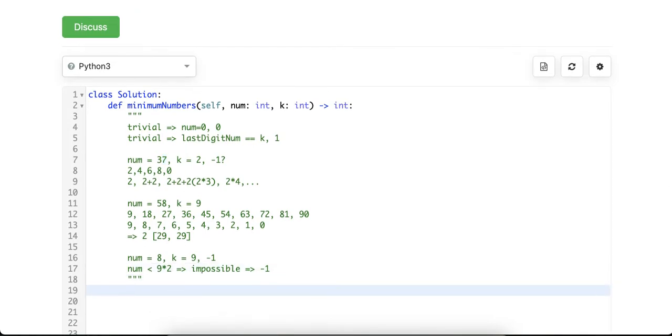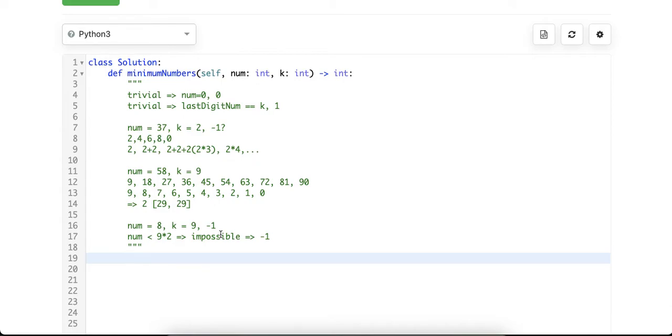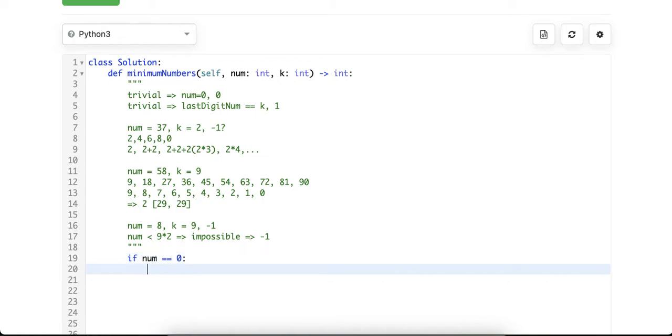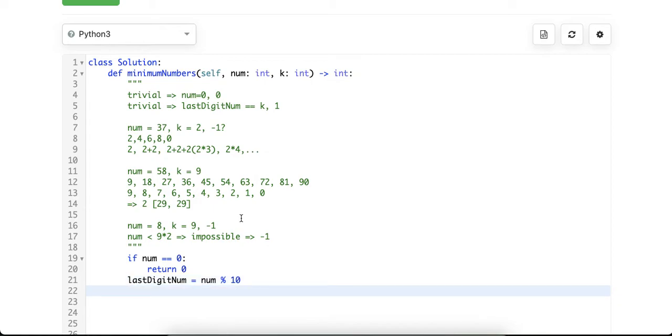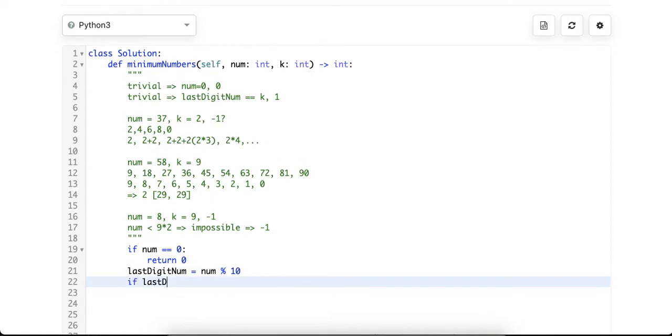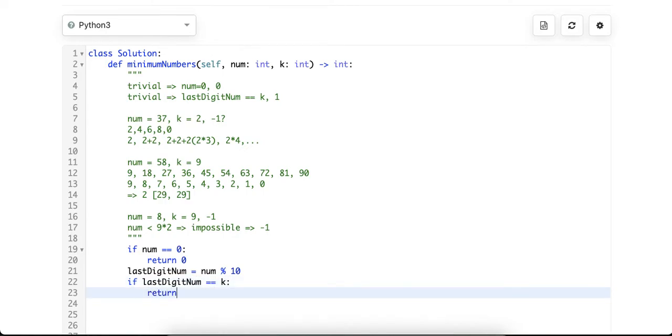Okay. The code implementation, let's start with the trivial first. So if num is 0, we will return 0. And then the last digit of num, we can do it easily with modulus 10. And then if the last digit of num is the same with k, it is also trivially easy.